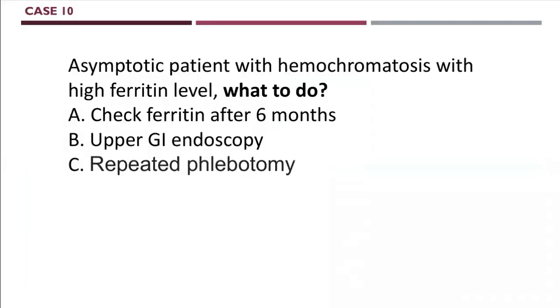Asymptomatic patient with hemochromatosis with high ferritin level. What to do? Check ferritin after 6 months, upper GI endoscopy, or repeated phlebotomy.